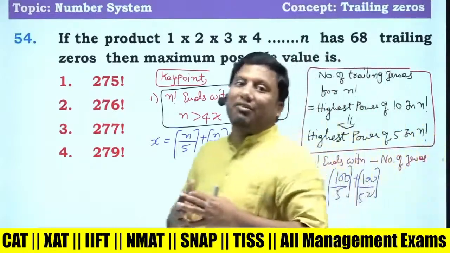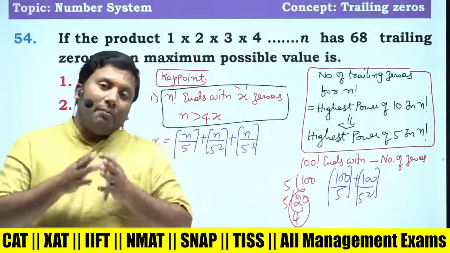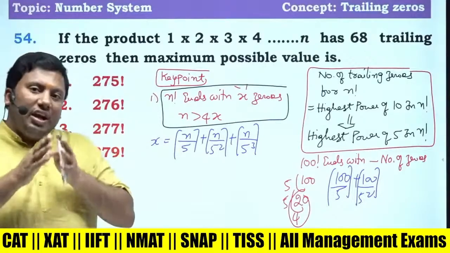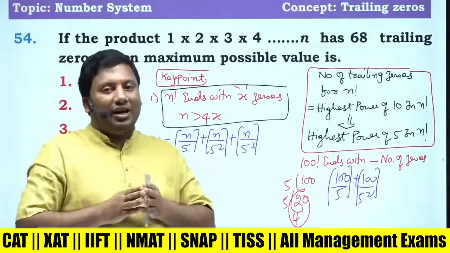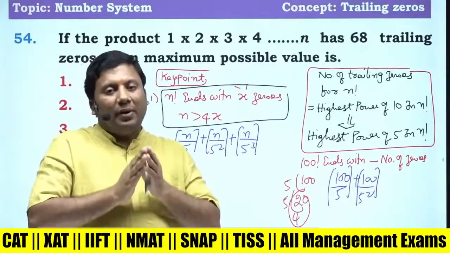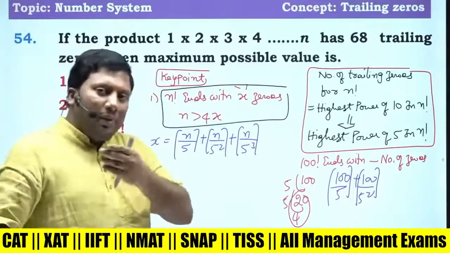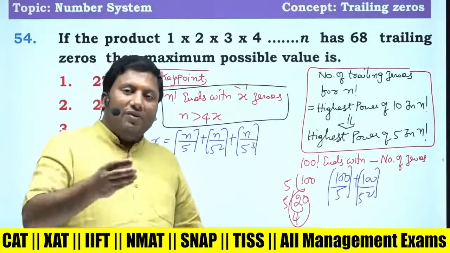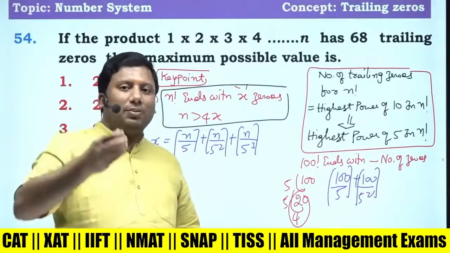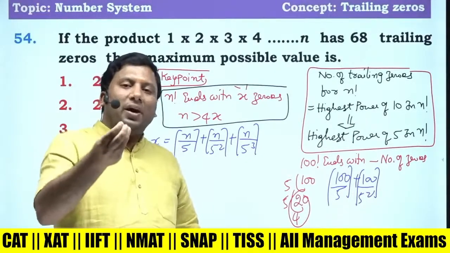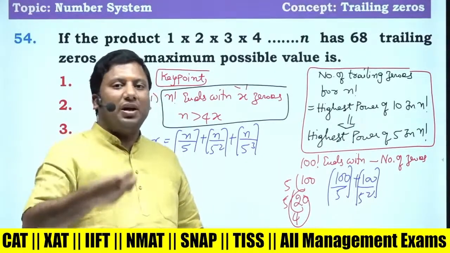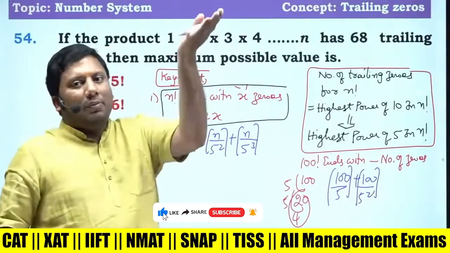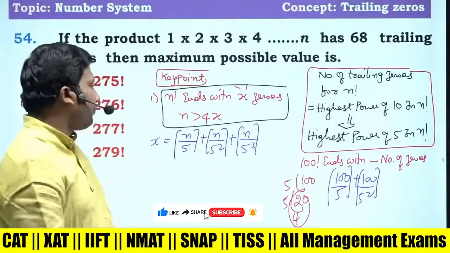Why? Because for factorial problems, number of zeros at the end is dependent on the power of 10. Power of 10 is dependent on the power of 5. Why? Because when you are writing the product of 10 natural numbers, 5 will come in the 5th place and 10th place. 2 will come in 2nd place, 4th place, 6th place, 8th place, 10th place. Power of 2 will be greater than the power of 5.